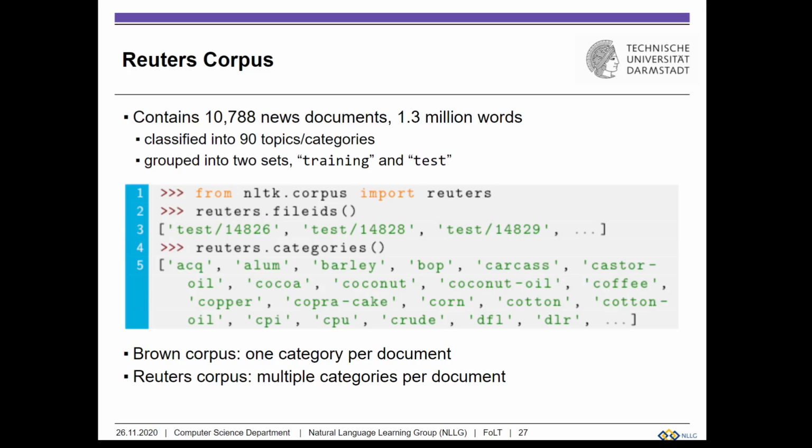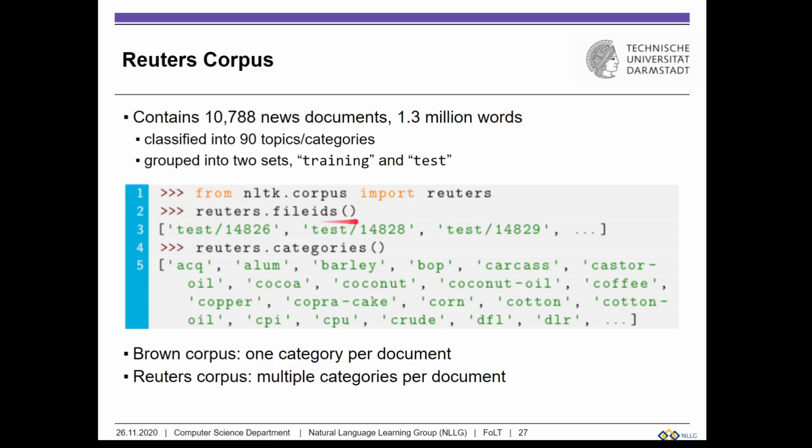We show our computer, our algorithm, look here, this is an example of a document that has class label number 8. And then we hope that our computer will learn the characteristics of this class number 8. Afterwards, if we have trained our algorithm, we can test it on a test set. This is why this distinction is given here. From the start within NLTK, it's used as a document classification data set, so you can really train new algorithms on that. If you want to access it, we do as before: from NLTK corpus, we import Reuters.